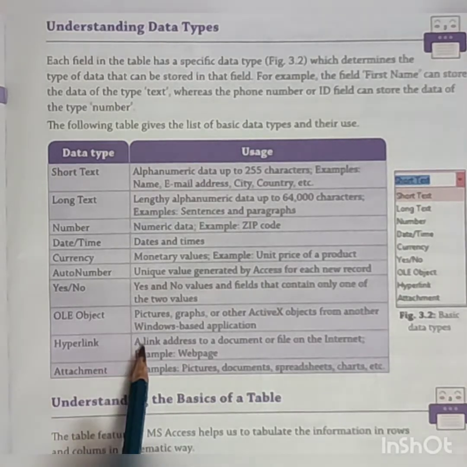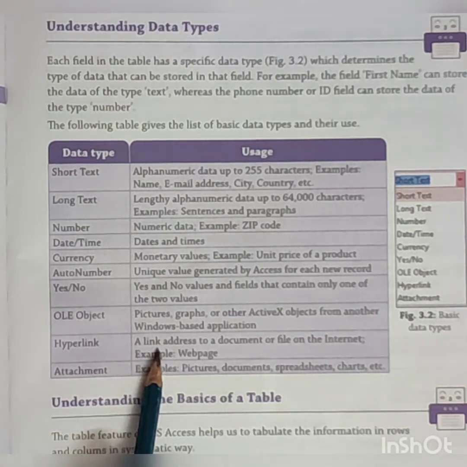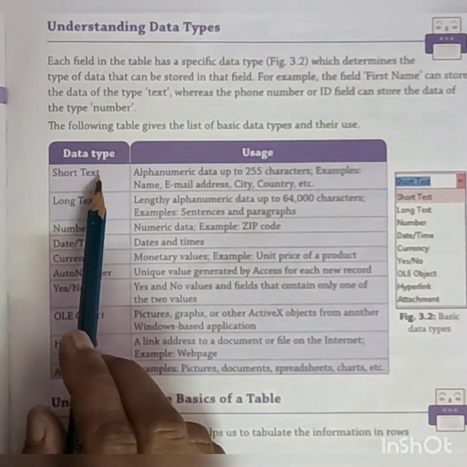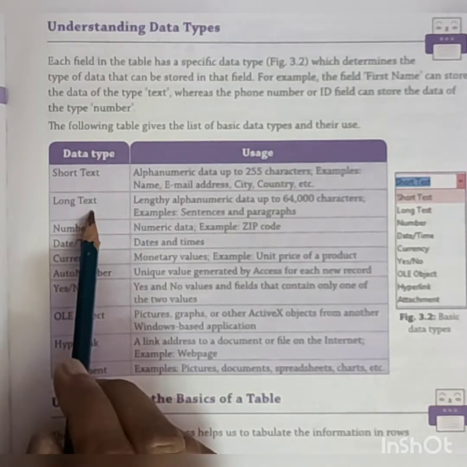In our book, some basic data types are given and their uses are also written. I'll tell you some so you can understand. First given is short text, then long text.